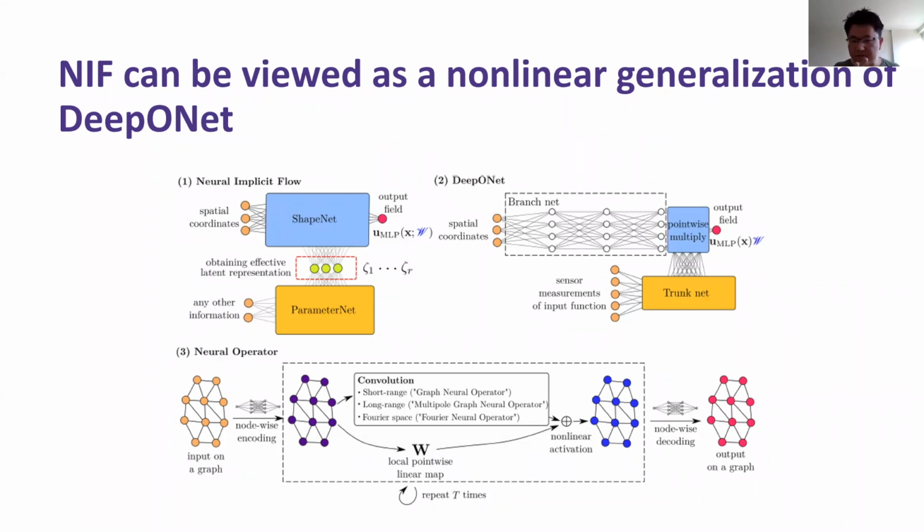Then it becomes very similar to DeepNet. That also gives you an insight about DeepNet: it is essentially a linear structure. Therefore, this is why I call NIF a nonlinear generalization of DeepNet.